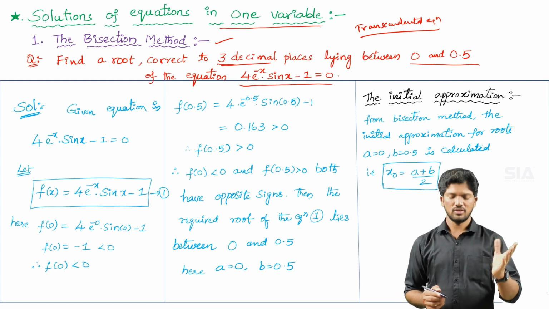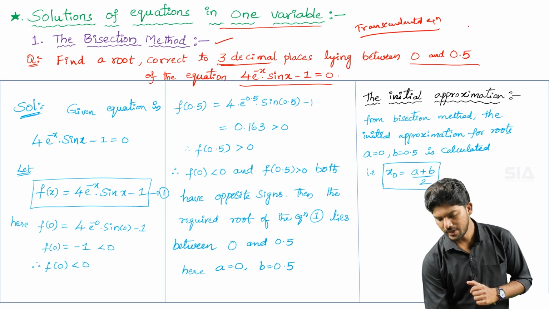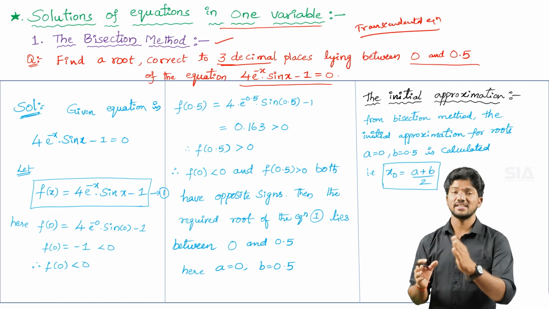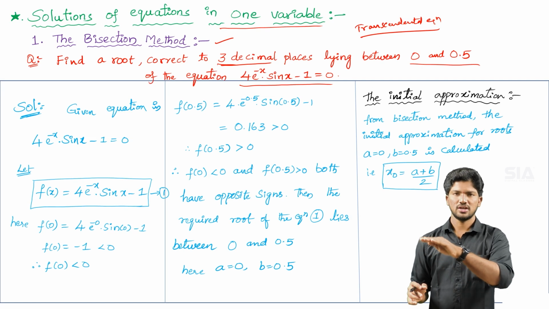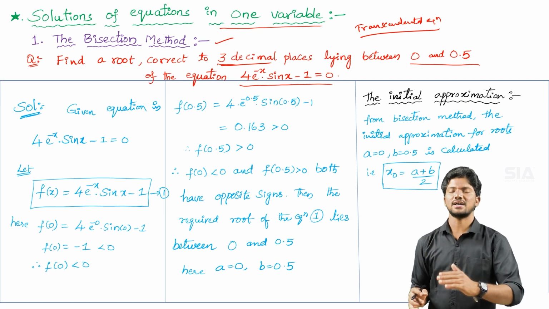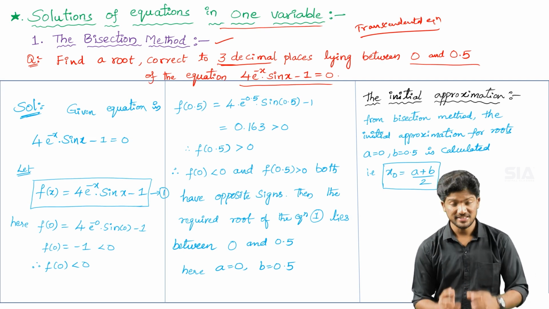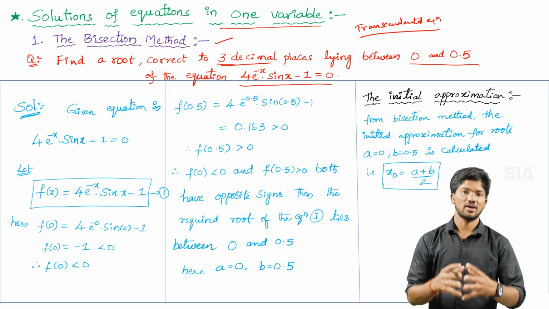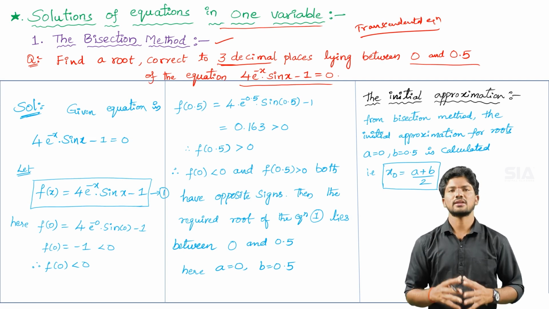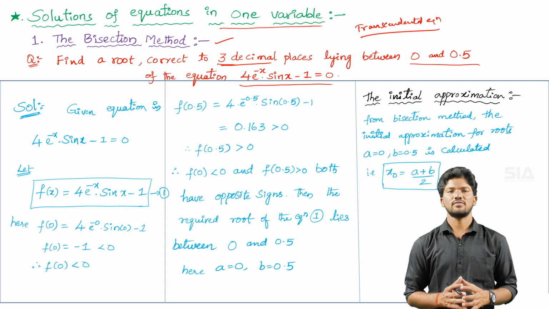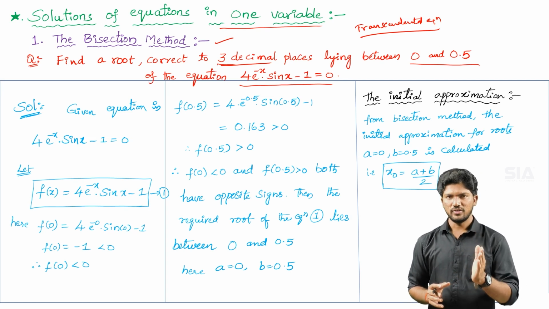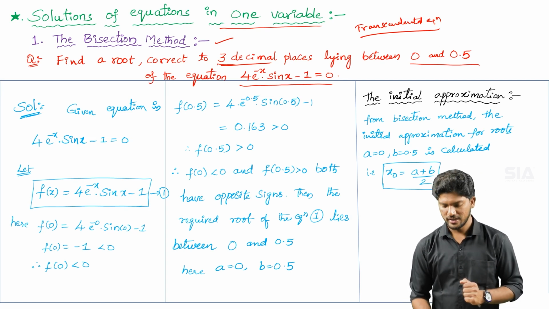For example, if you have an equation like x square minus 2x plus 3, it is called algebraic, with only algebraic terms, x square, x cube. If you have sin x, exponential, log x, you can call it a transcendental equation. Now this is our required equation, f of x is equal to 0, and we have to find the root in between 0 and 0.5, as clearly mentioned in the problem.